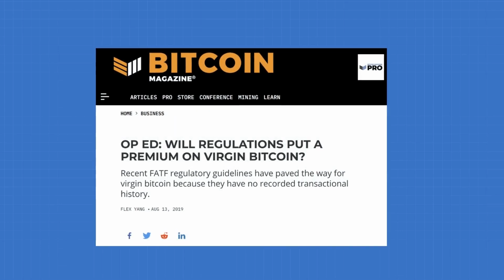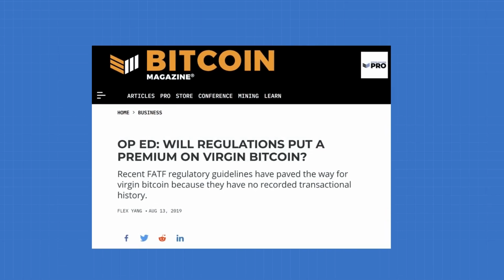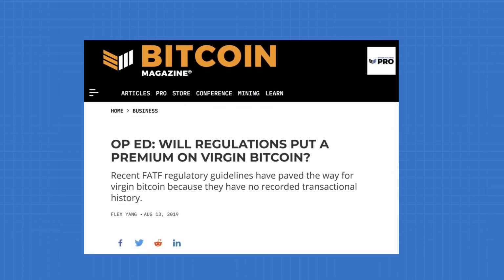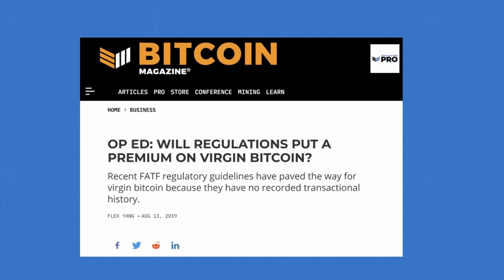There are already examples of premiums being paid for newly mined coins, and so this is the beginning of what you could view as a tiered system, or tiers of coins. So you can have the newly mined coins, so these would have the highest value.